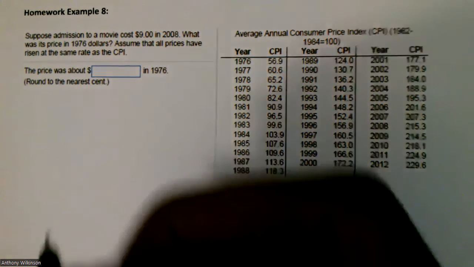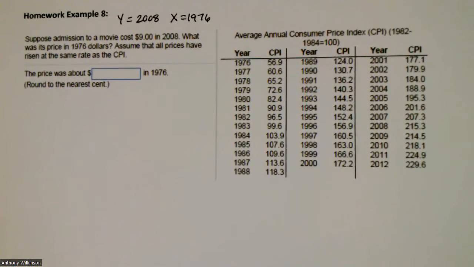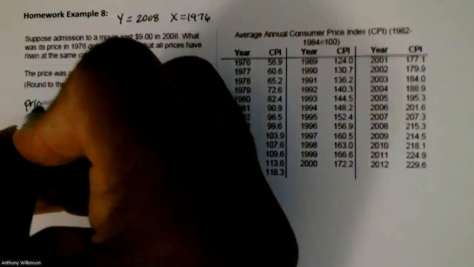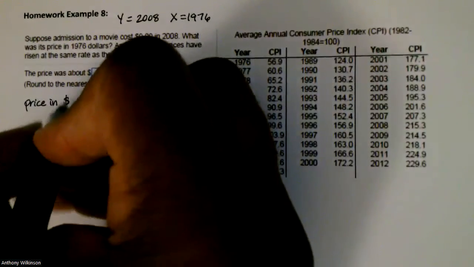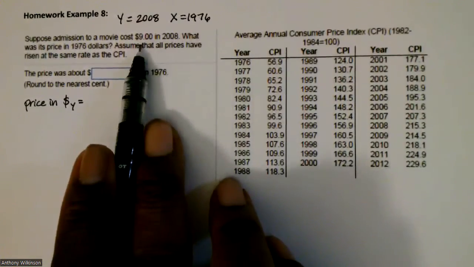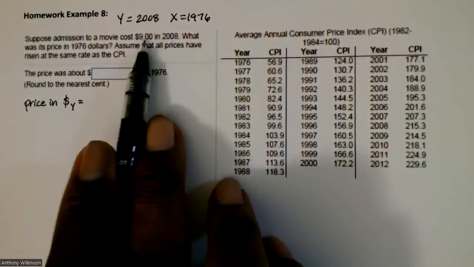Well, let's look at what's given to us. This time, Y is going to be 2008, and X is the year 1976. The price in dollars for Y in 2008 was $9.